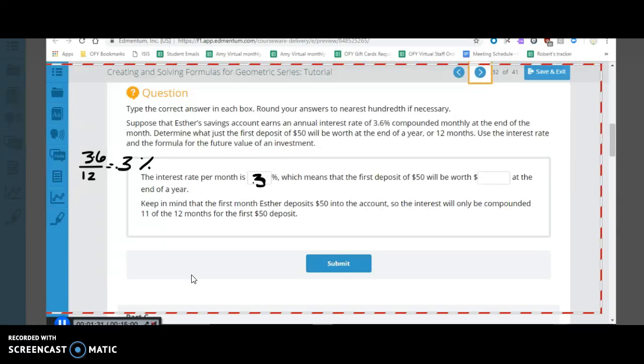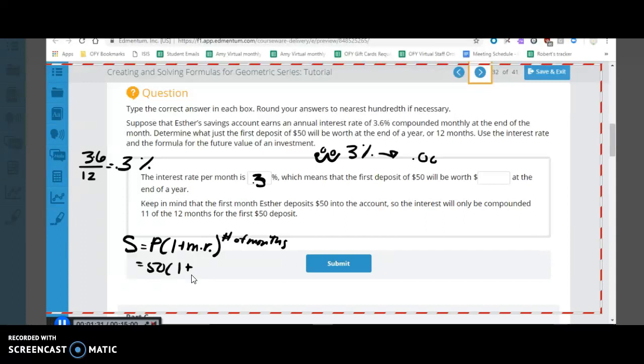So 0.3% is her monthly rate. And so now we're going to use that formula, S equals P times 1 plus the monthly rate to the power of the number of months. Okay, so now when we use this, we're going to plug in the 50. 1 plus, now her monthly rate is 0.3%, but that gets changed to a decimal by moving the decimal place over 2 times, filling it in with zeros.